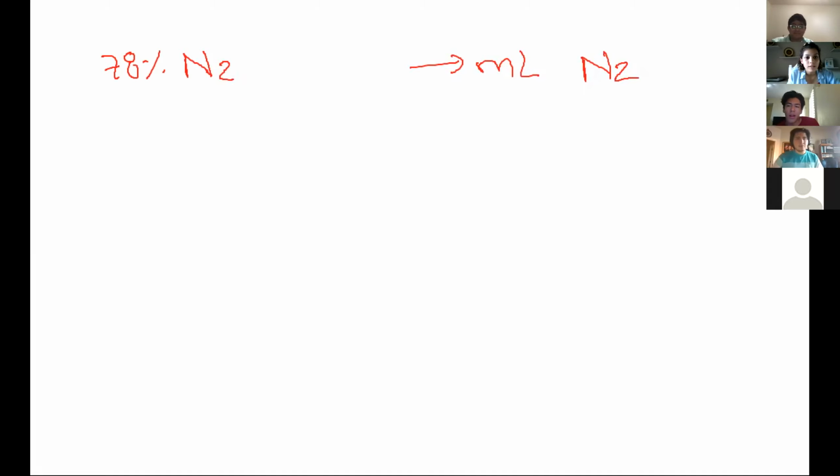Yeah, the air that we breathe technically is nitrogen. The atmosphere is just trying to throw you off, honestly. It doesn't really have to do with the problem. It's very much simpler than it seems.